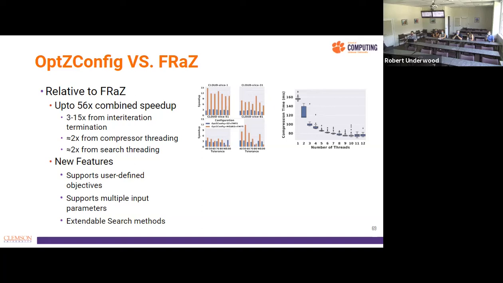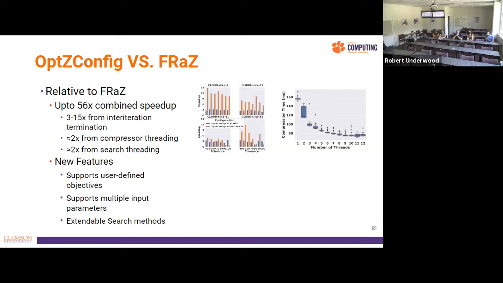And we found that by doing this, we increased the performance of the operation from 3 to 15 times. When we look at the ability of applying threading within the compressor, we see an additional 2x performance improvement. And then some of the numerical optimization libraries allow multi-threaded searches. And by providing certain safeguards to ensure that this is done safely, we can additionally improve the search performance by 2x.